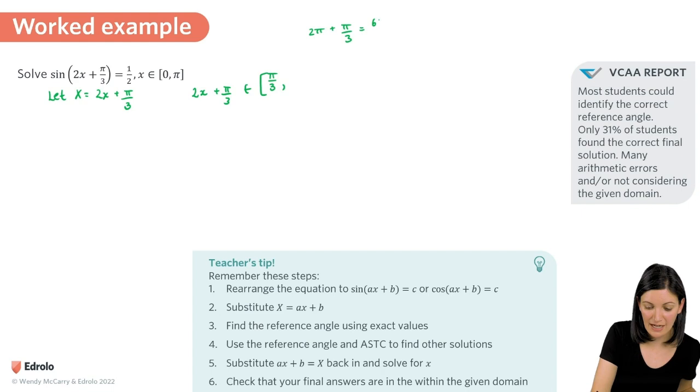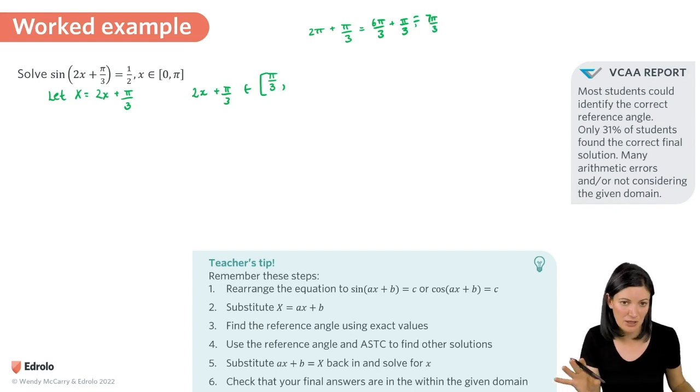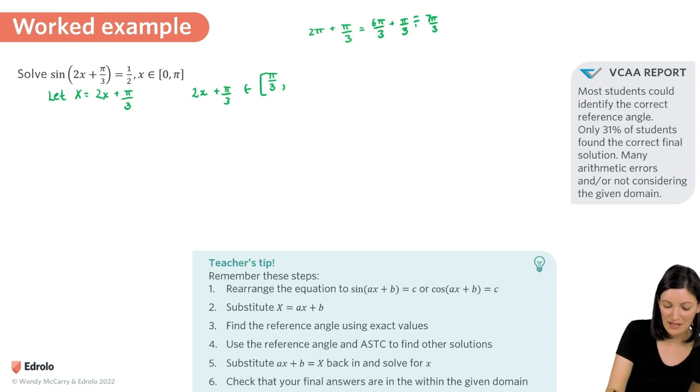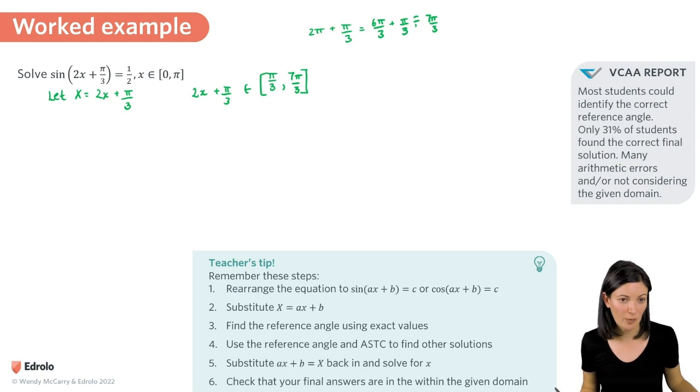That's the same as saying 6 pi on 3 plus pi on 3, which is 7 pi on 3. Okay, if you're like me and you like to do a little bit of working off to the side, that's perfectly okay and encouraged. So 7 pi on 3 is our new domain.